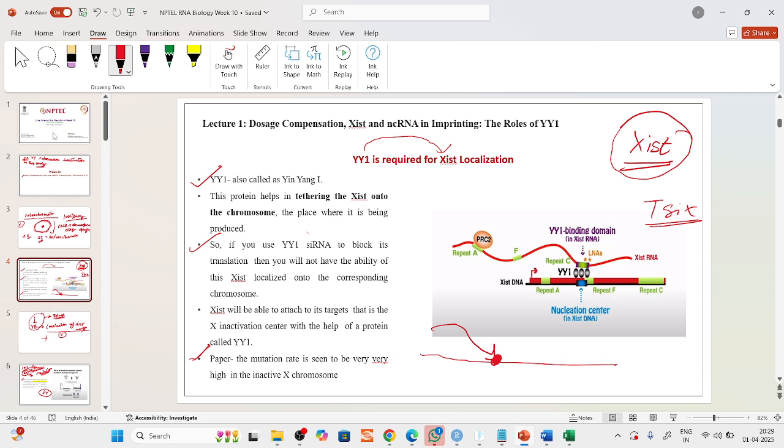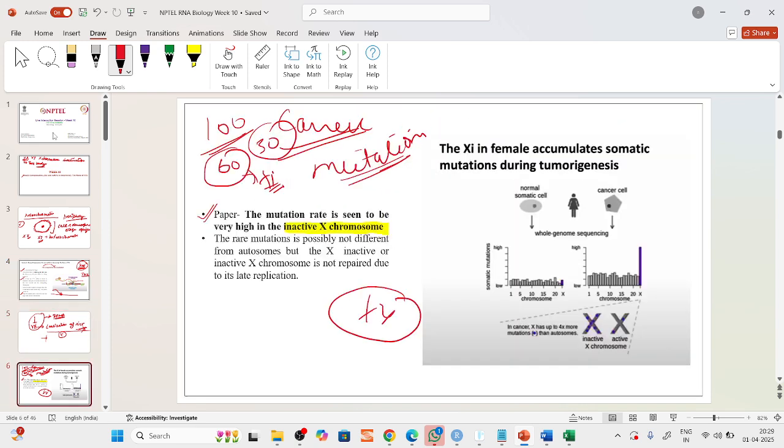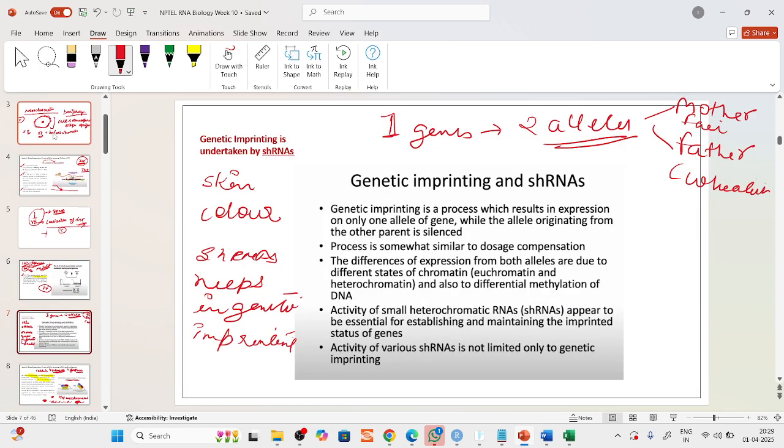YY1 is basically the protein which is responsible for the localization of the Xist non-coding RNA, which ultimately helps in the dosage compensation. Then we have studied about the mutations that happen if there is an active X chromosome and an inactive X chromosome. Most of the mutations take place in the inactive X chromosome. This is what we talked about.